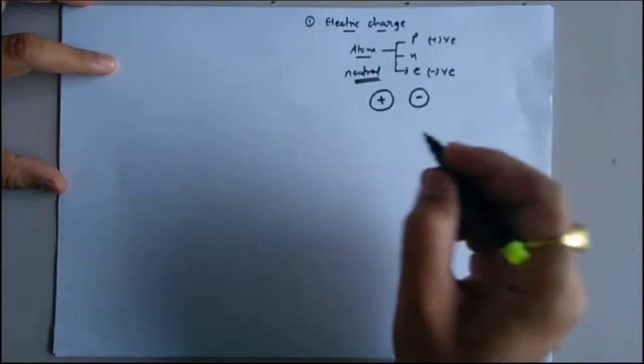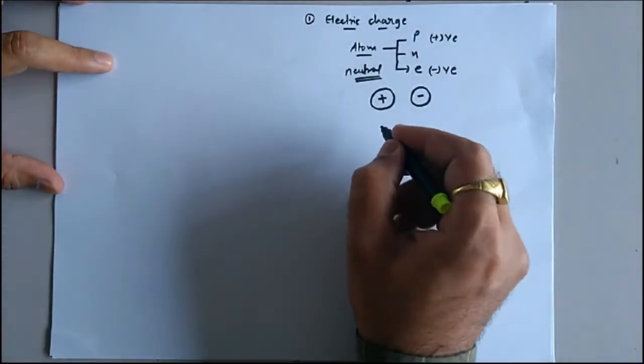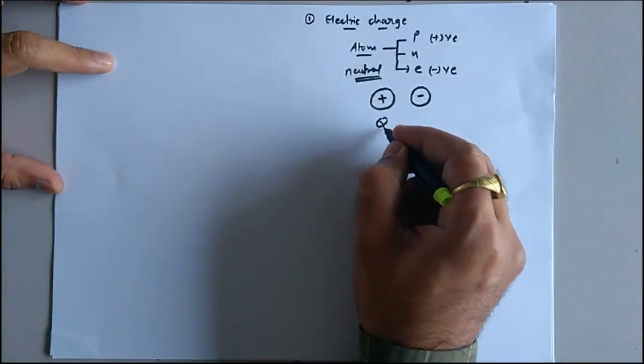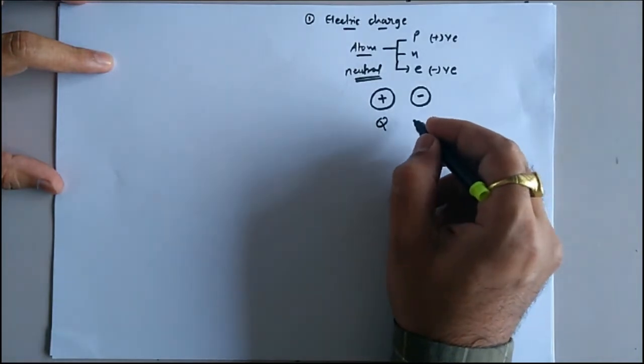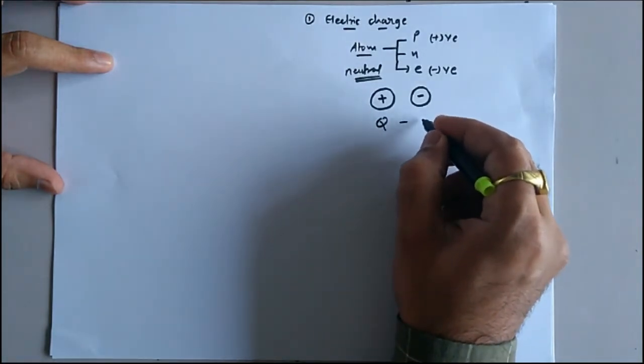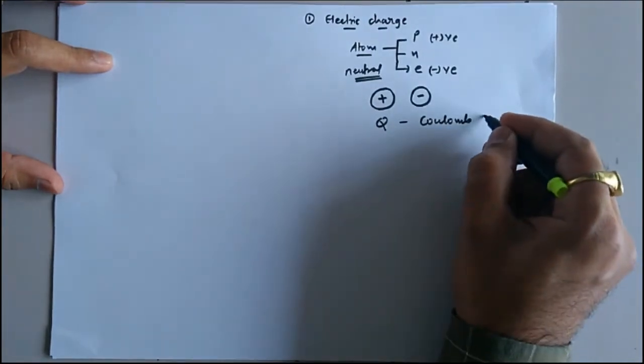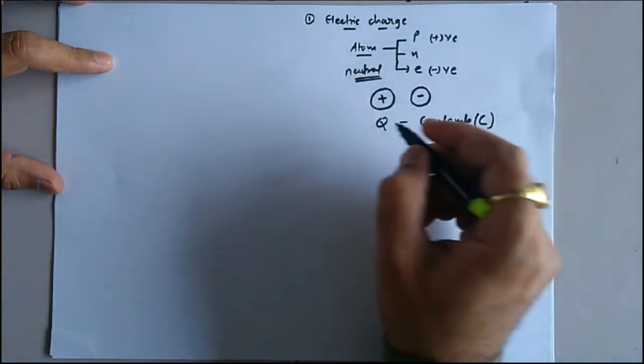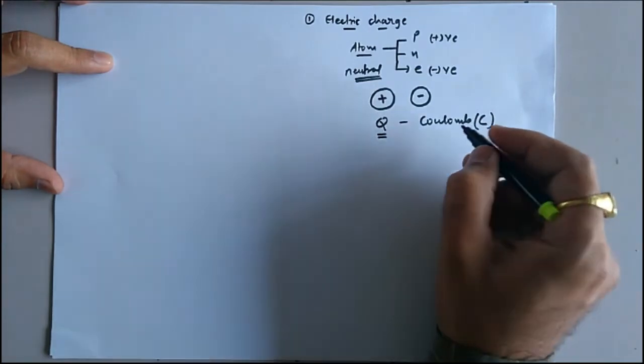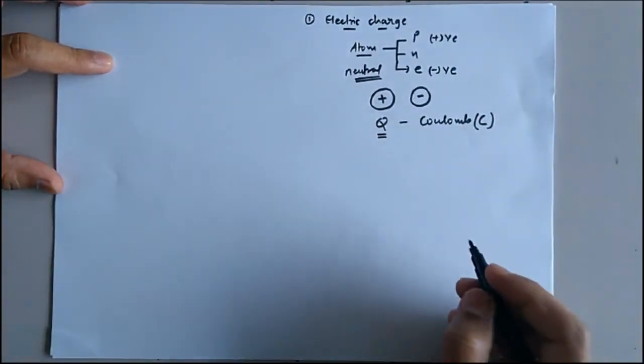Electric charge. Mathematically, electric charge are indicated by symbol capital Q, and the unit of electric charge is coulomb, indicated by symbol capital C. So Q indicates charge and the unit of charge is coulomb.